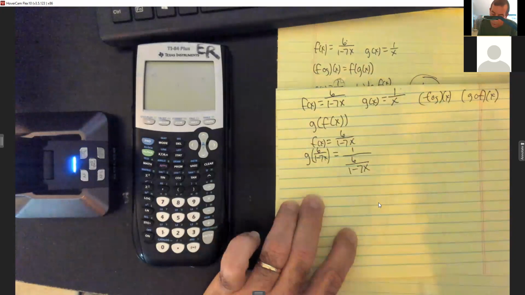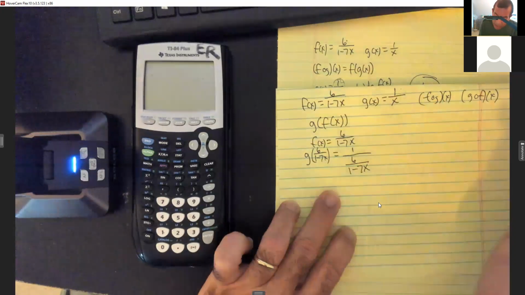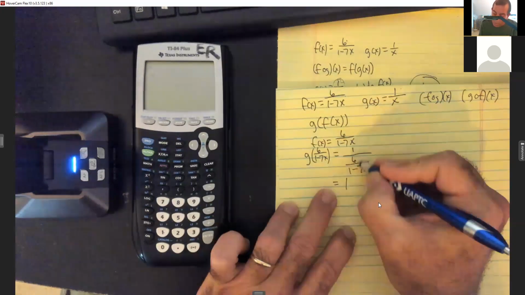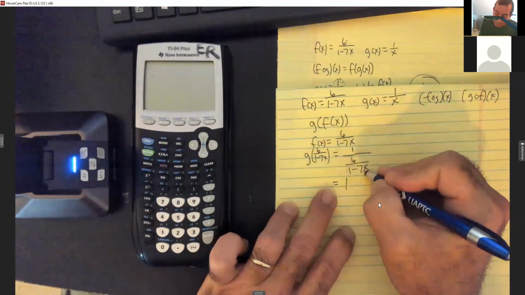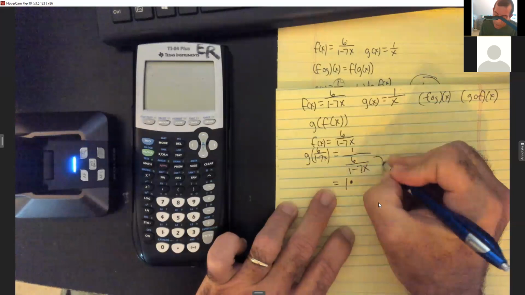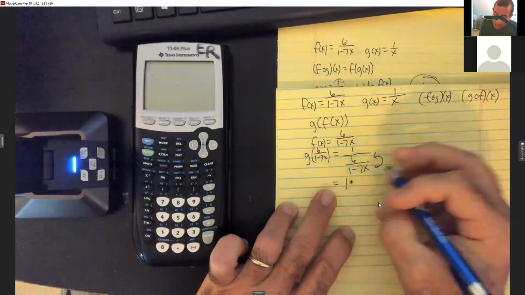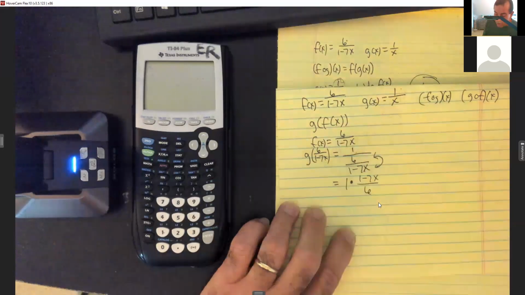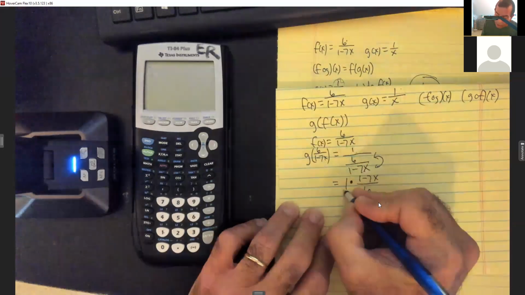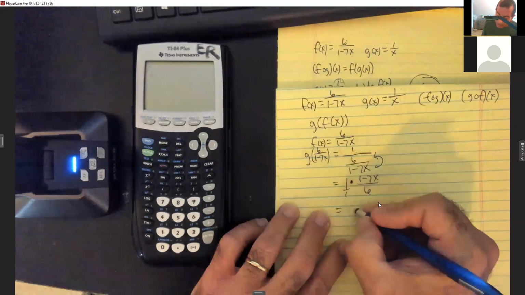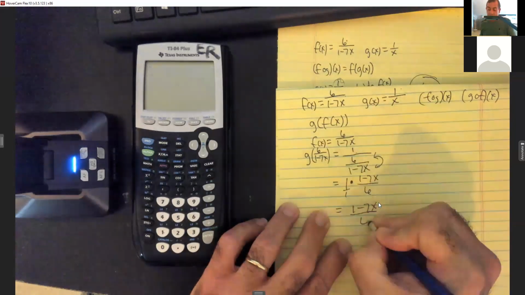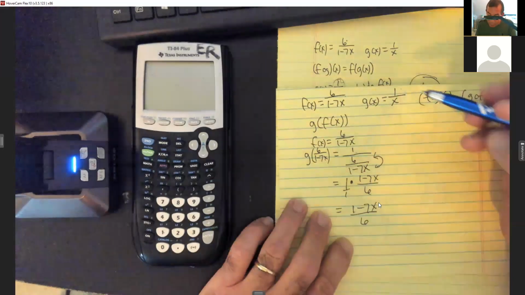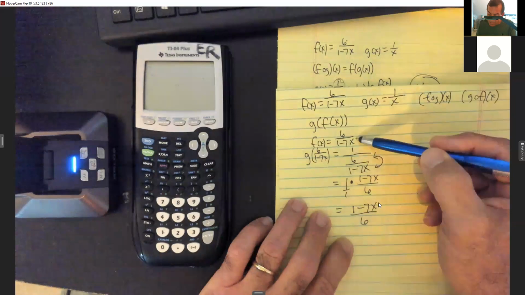So what I would do is what I did a while ago. I would treat this like a 1 divided by 6 over that. So I'm going to turn it into multiplication and flip the bottom so that I get a 1 minus 7x over the 6. So y'all, you can put a 1 under that, multiply straight across, you'll get 1 minus 7x all over 6. So if you notice, the only thing that was ever on the bottom was the 1 minus 7x.